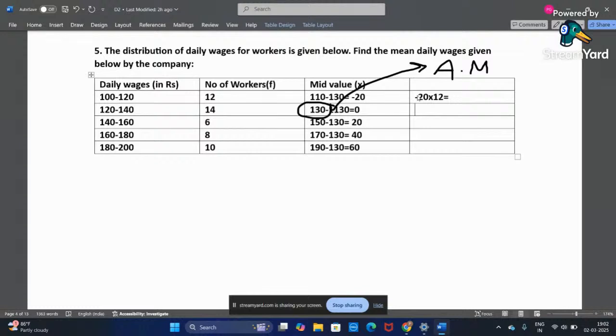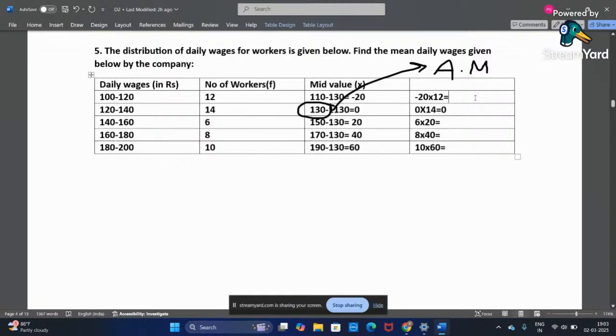Find the answer and tell me. 0 multiplied with any other number, we get 0. Here it is 6 into 20. Here it is 8 into 40. 10 into 60. Tell me the values.